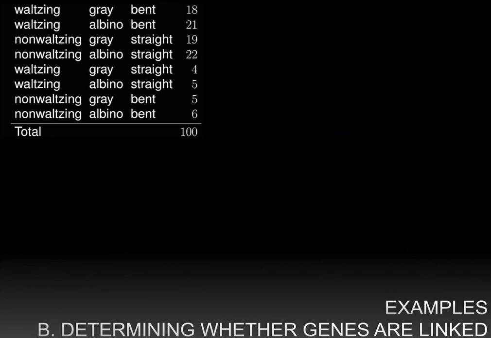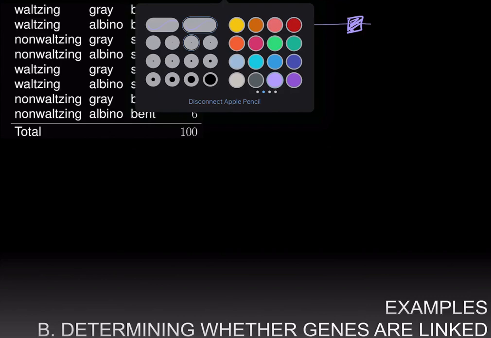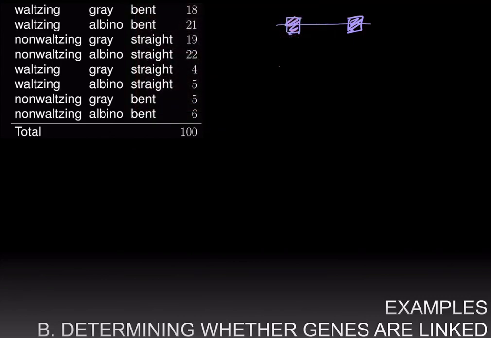And that leaves us with only one other possibility, that 2 of the genes are linked and on one chromosome, and the 3rd gene is unlinked and on a separate chromosome.